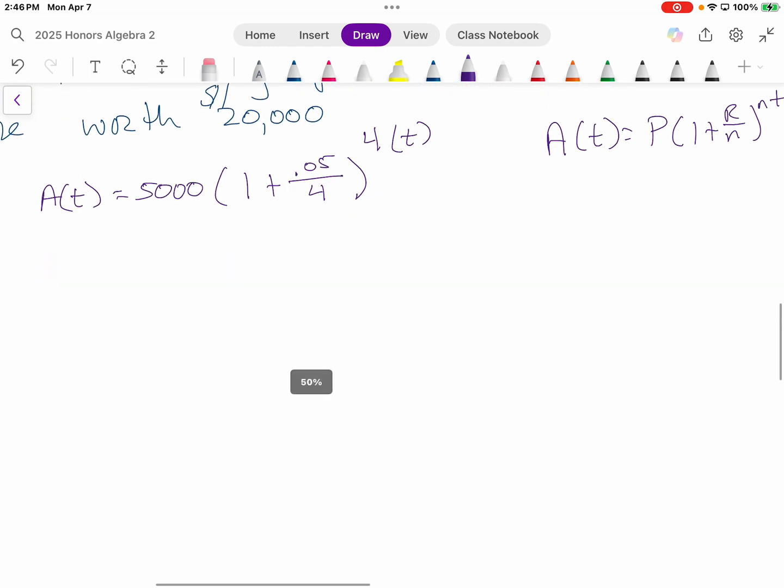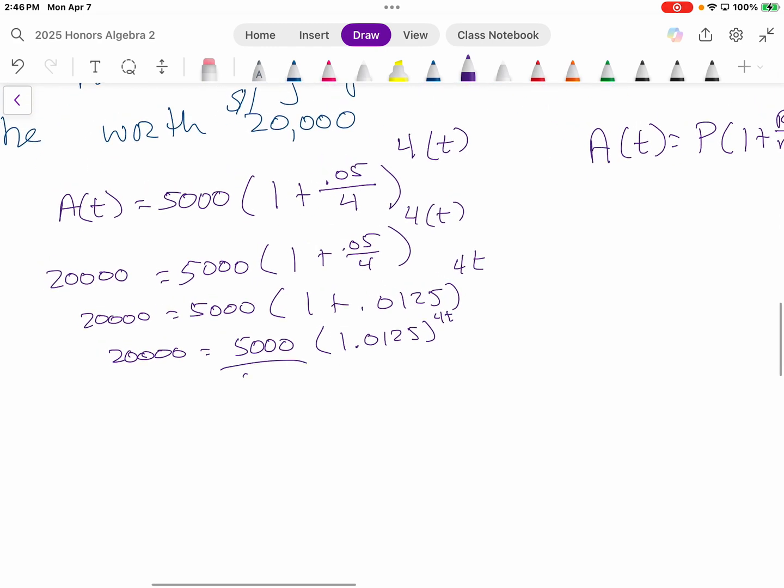So now I'm going to divide both sides by 5,000. I need to isolate the exponential part. 20,000 divided by 5,000 is 4. Now, you've got options.